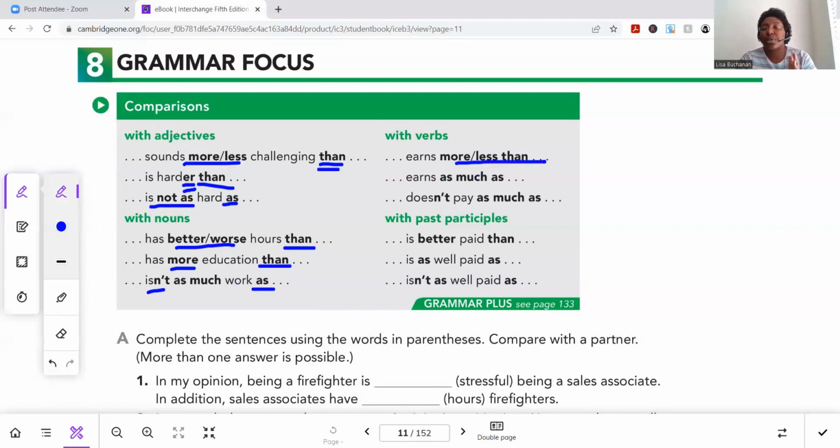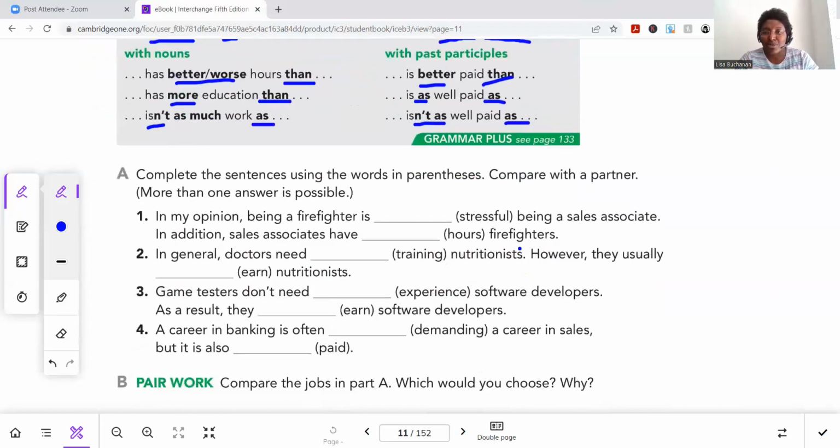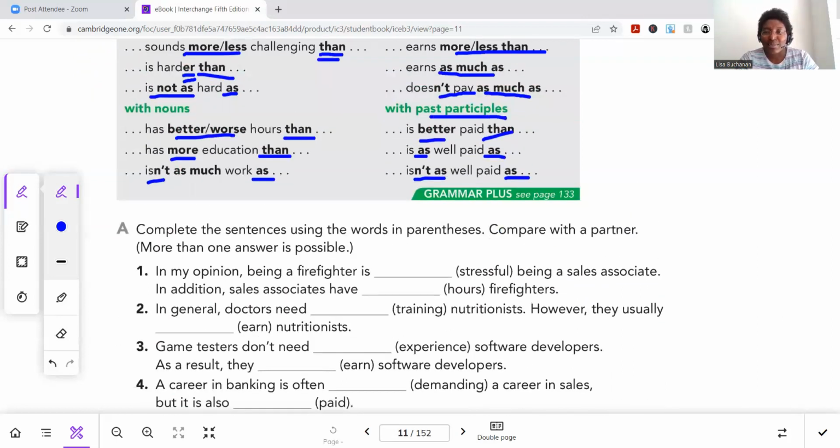This job earns more than my previous job, or earns as much as my previous job, or doesn't pay as much as my previous job. Then with past participles, better than, as, and as, isn't as, and as. Okay, remember what a past participle is? That's the past tense or ed form of the verb.